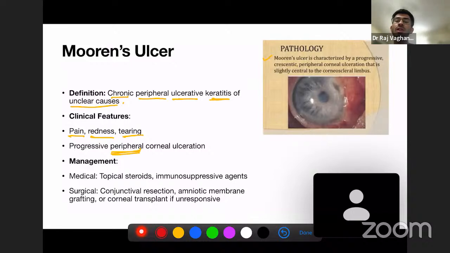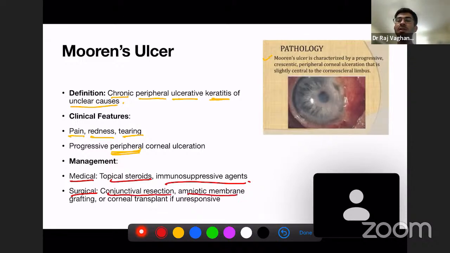Management includes medical and surgical management. Medical management includes topical steroids and immunosuppressive agents, and surgical management includes conjunctival resection and amniotic membrane grafting, or corneal transplant if unresponsive.